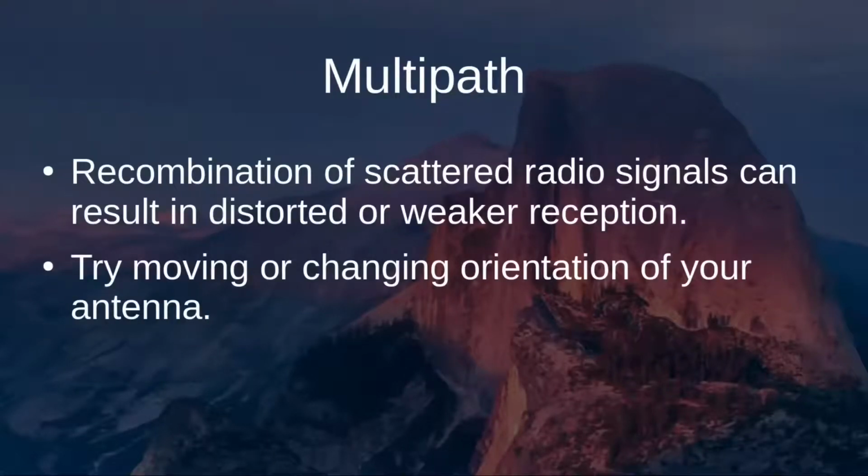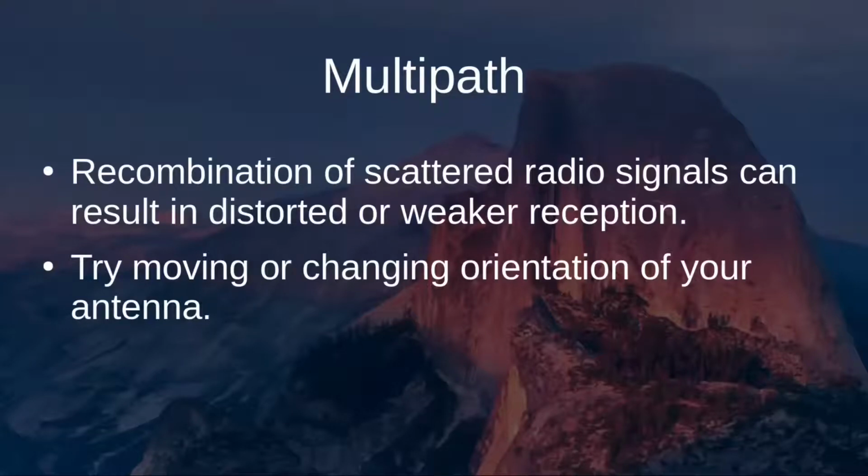Multipath is a recombination of scattered radio signals that can result in distorted or weak reception. Multipath is essentially an accumulation of radio waves that may have been refracted, may have been reflected, or may have undergone diffraction by being distorted by a nearby object.